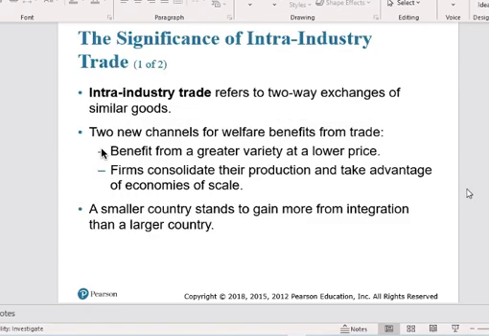So let's look at intra-industry trade. What is intra-industry trade? It's basically firms in similar industries that still trade with each other, and we still have gain from trade because of that. That's very powerful because it shapes the new form of trade we have seen in the past four decades.